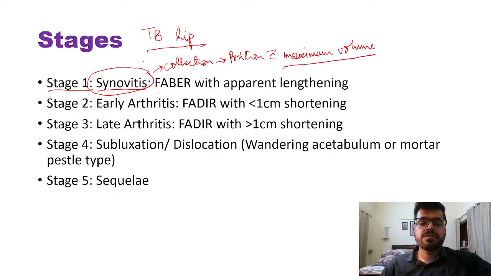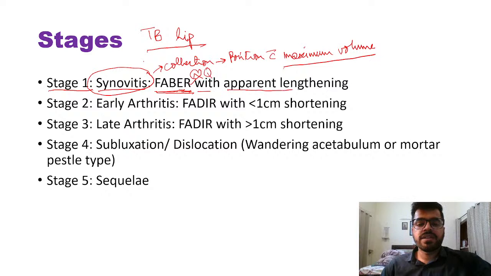That is flexion, abduction, and external rotation, FABER. So the joint will go into FABER as the attitude seen in stage 1 of synovitis. Very important question.